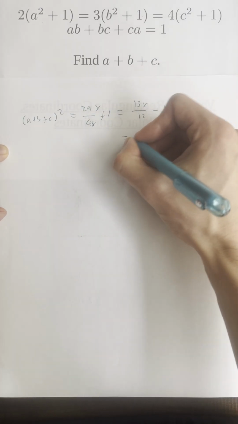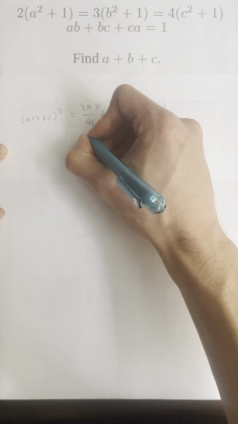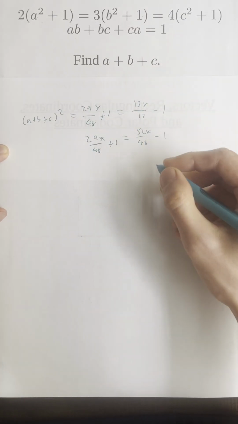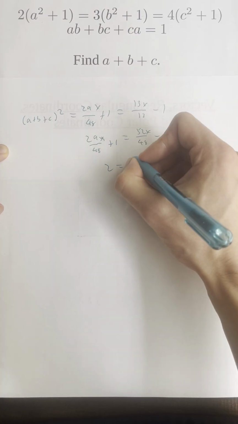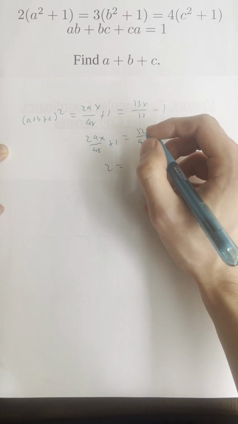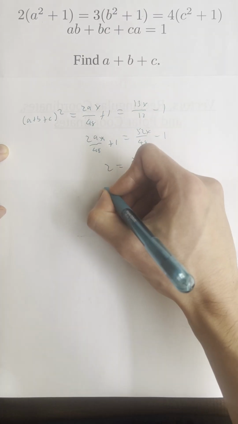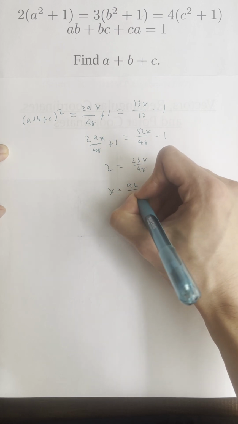So this is going to be equal to 52x. Subtract. Be careful here. 23x over 48, so x is equal to 96 over 23.